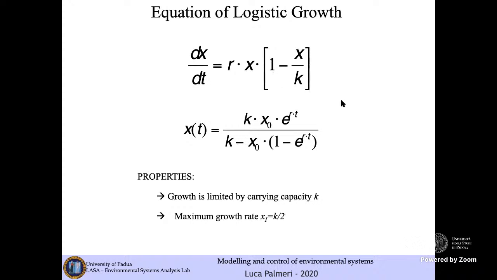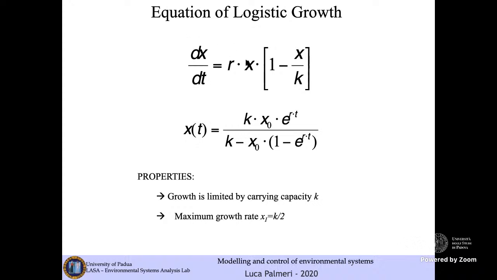This equation may be solved analytically, and the analytical solution is what I have written here. So, if you plot this, you may expect that you will obtain a sigmoidal curve.